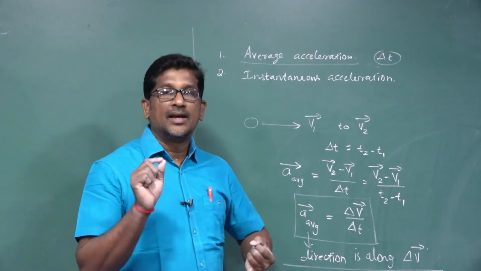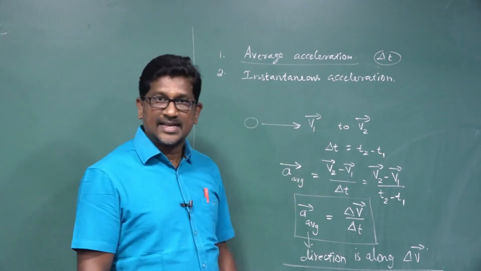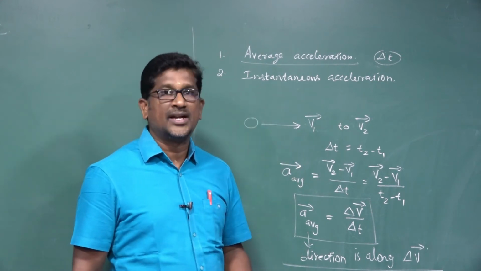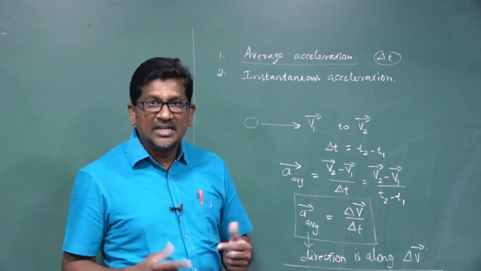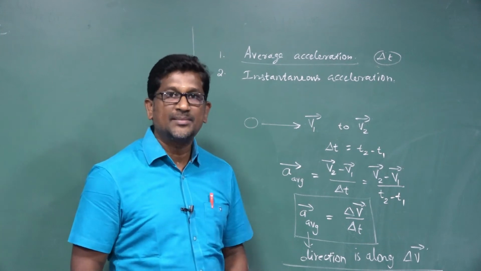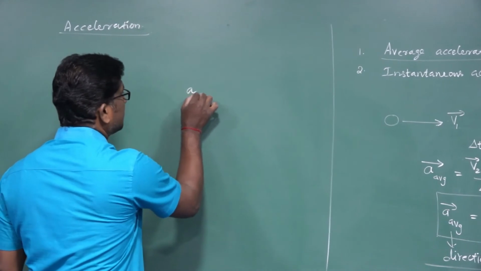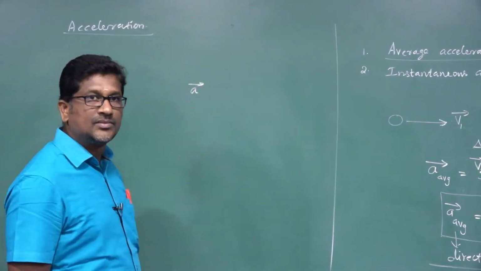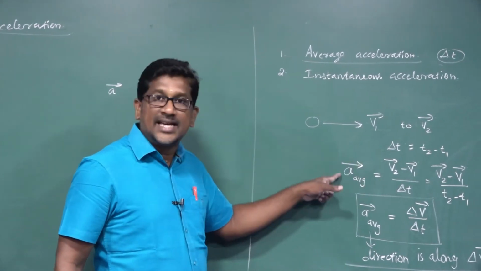So we have two definitions of instantaneous acceleration. First, the acceleration of the particle at any instant is called instantaneous acceleration. It is also defined as the ratio of change in velocity over the time del t, as del t tends to zero. Simply, the instantaneous acceleration is denoted by a vector, while a average vector is called average acceleration.